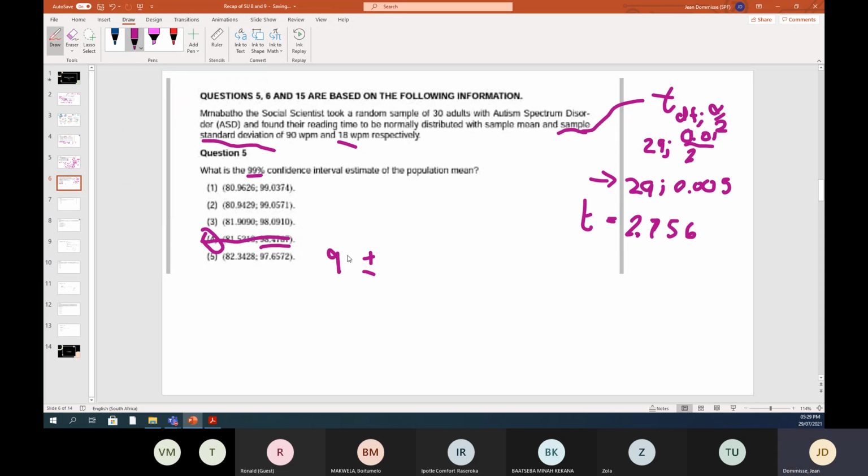So 90 plus minus t, so 2.756, times still the standard deviation, which is 18 divided by the square root of 30.